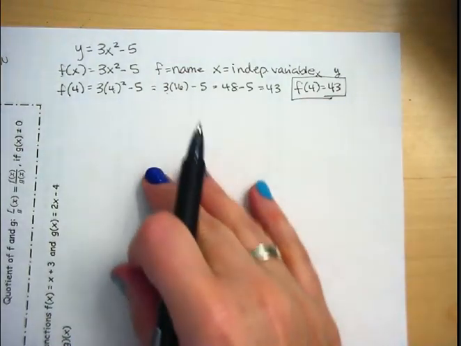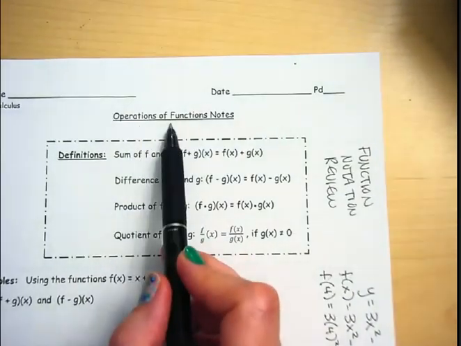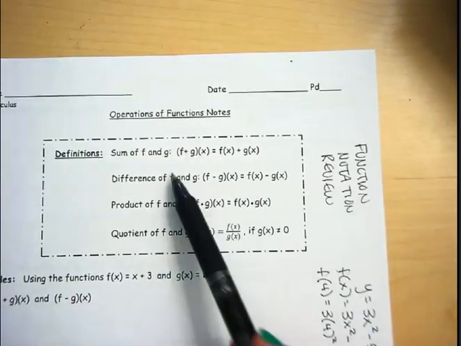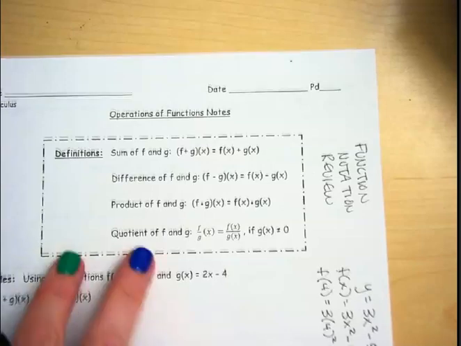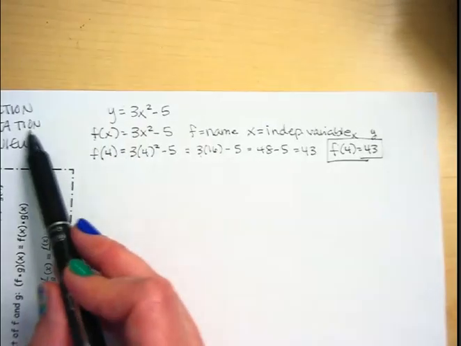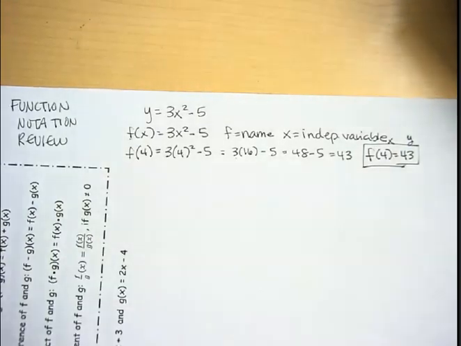All right, so keeping all that in mind, we are going to talk about operations of functions. So that means add, subtract, multiply, and divide. One thing I wanted to say: when we use this word notation, it means the symbols that we are using to denote or imply or express something that we're doing.